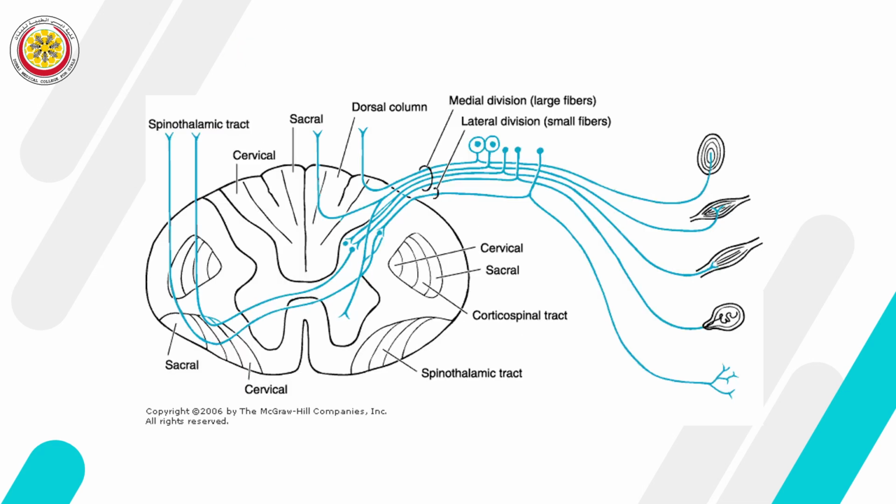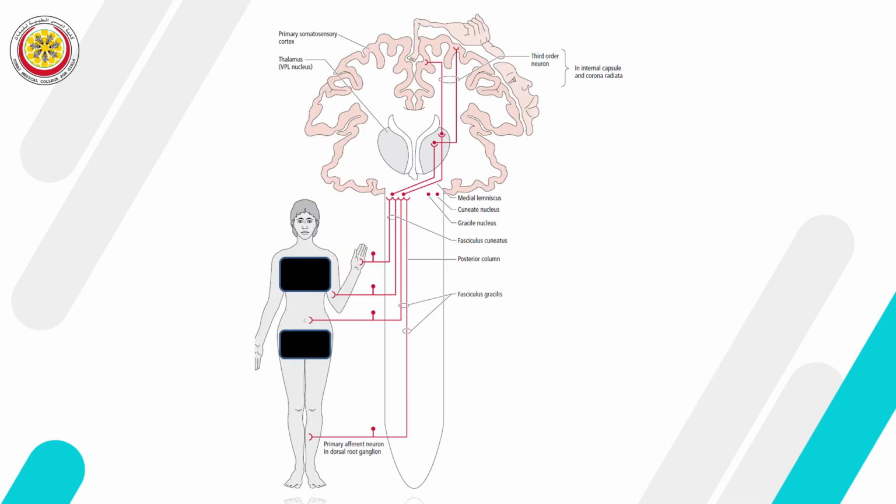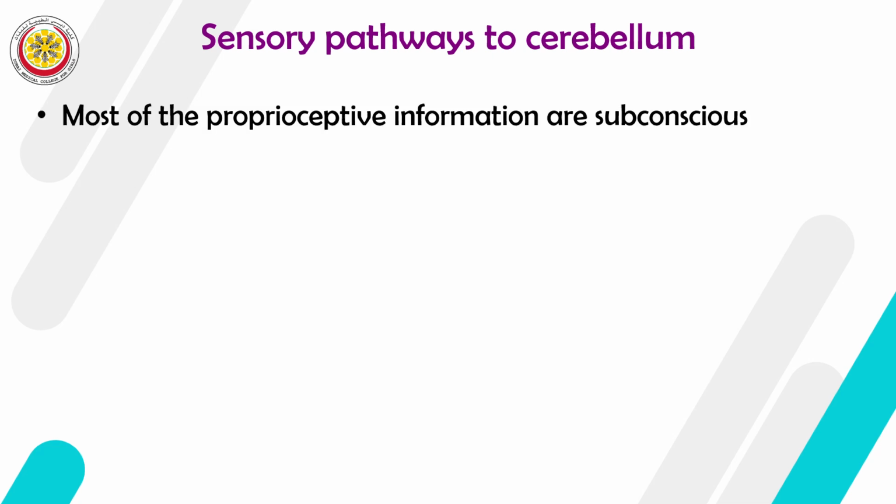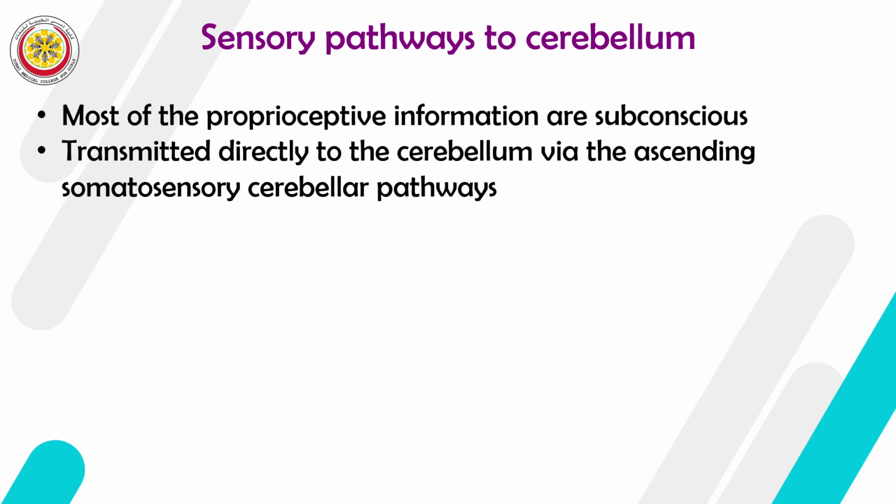This is a description of the pathway: they ascend, nucleus gracilis and cuneatus cross to the other side to the thalamus, and from the thalamus to the cortex.